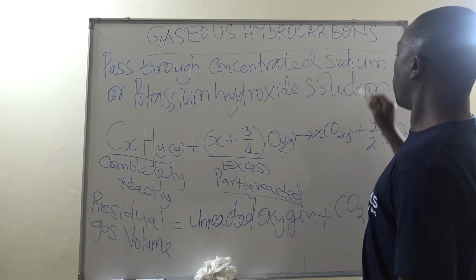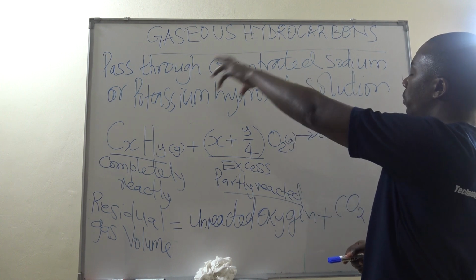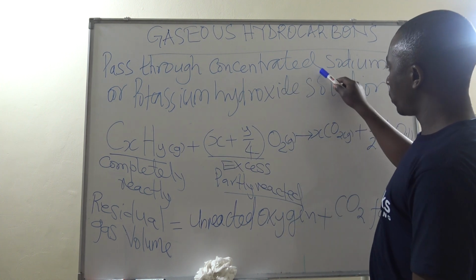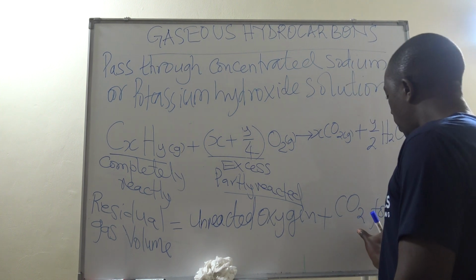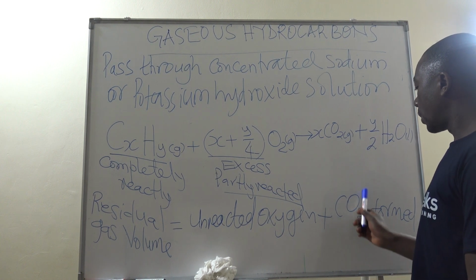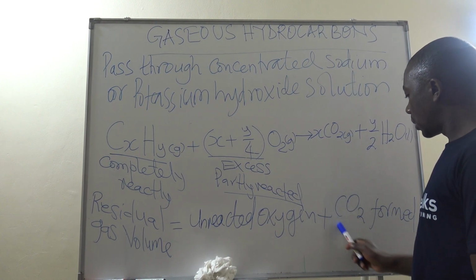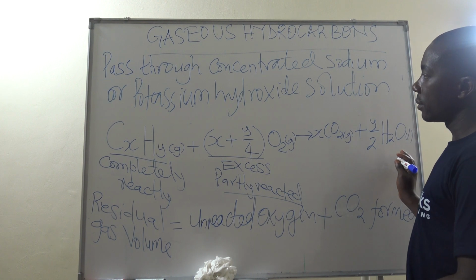Now, when we pass through any of the two solutions, actually we can say concentrated alkalis. The concentrated alkali is a base, and therefore this base reacts with the carbon dioxide, since this carbon dioxide is a gas, an acidic gas. So acidic gas reacts with the alkali to form a salt.